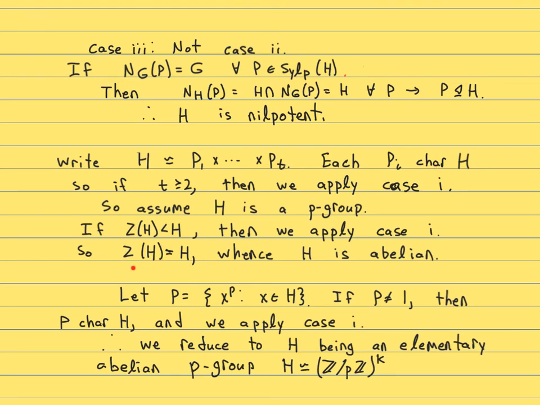So we can assume that the center is all of H. You can't assume that the center is trivial, because every P group has a non-trivial center. So if the center is all of H, then H is an abelian group. So we now have an abelian P group.